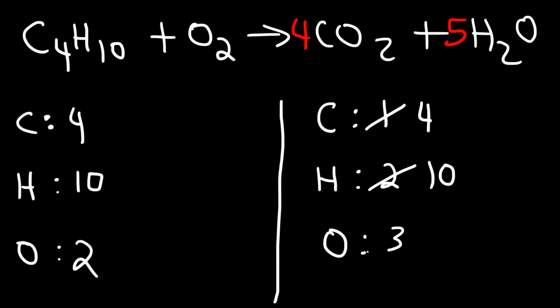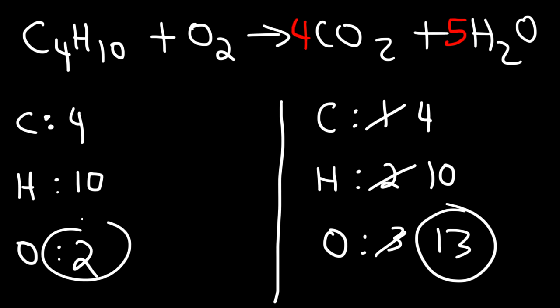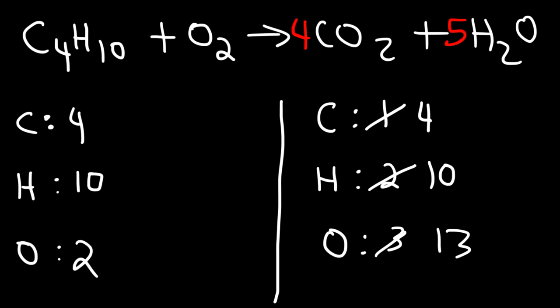Now let's recalculate the number of oxygen atoms that we have. So 4 times 2 will give us 8, and then 5 times 1 is 5. So 8 plus 5 is 13. Now, 13 divided by 2 is simply 13 halves.